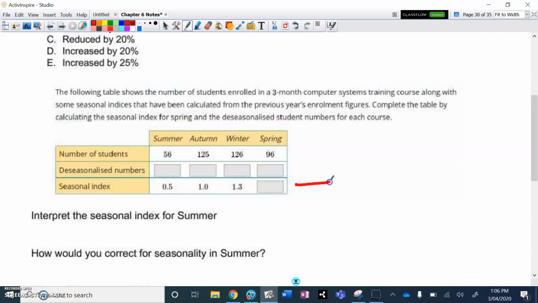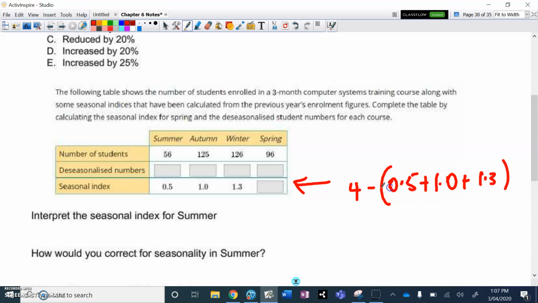Remember here, when you're trying to calculate a missing seasonal index, there's 4 seasons, so the sum of the 4 seasonal indexes would be 4. So you've got to figure out what's the missing number if you're saying 0.5 plus 1 plus 1.3.